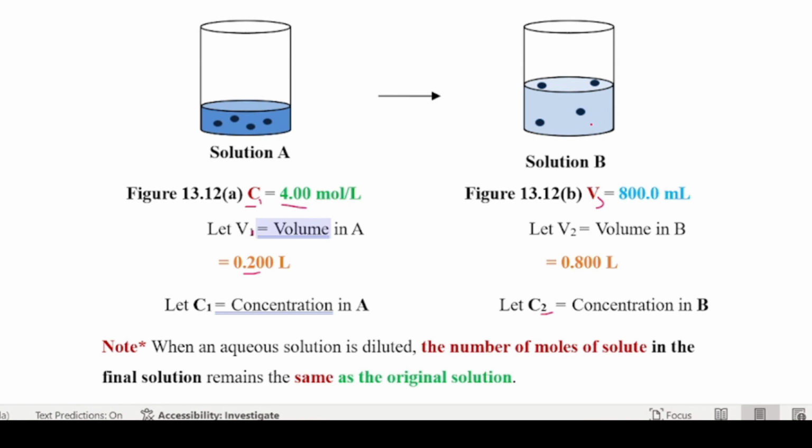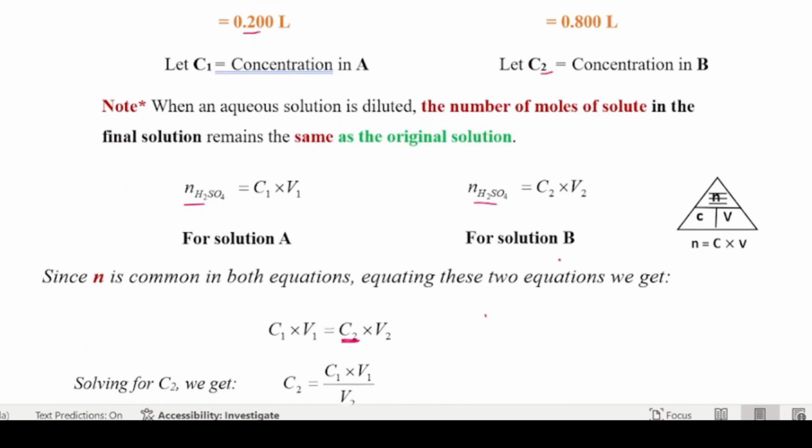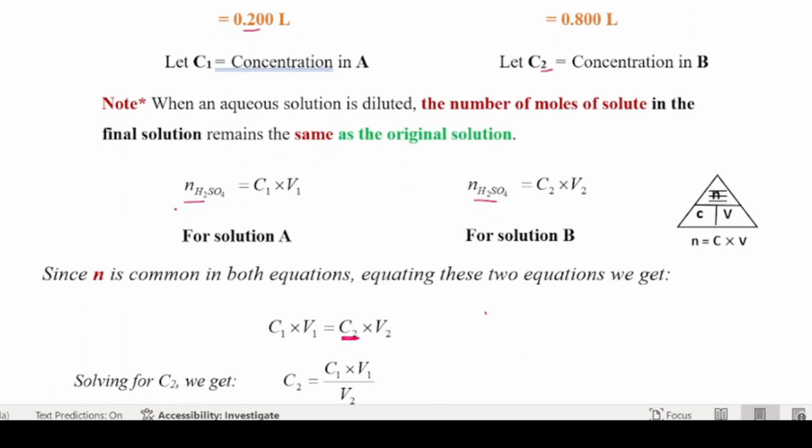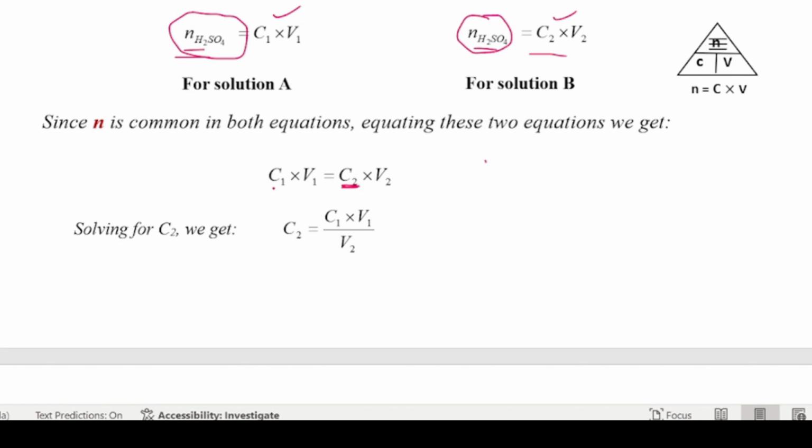And since we did not change the number of moles, it will be found by multiplying the final volume by the final concentration. So we equate these two equations. This here is the same, and this here is the same. Therefore, this must be equal to that. So when we equate these, we'll have this equation, where C1 V1 is equal to C2 V2.